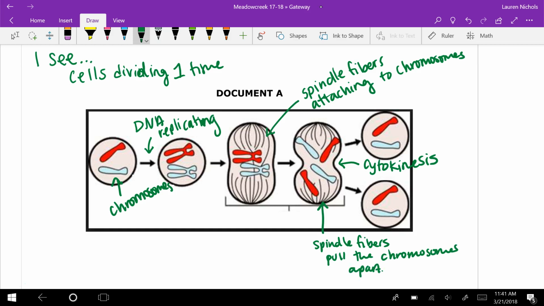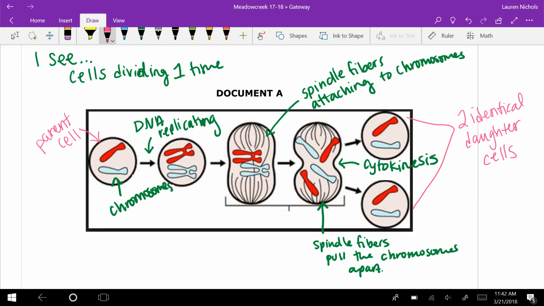All right, so we see that this first cell is our parent cell. So I see a parent cell, and I see us ending with 2 identical daughter cells. Okay, so all of this is evidence of something, or can be evidence for our statements.